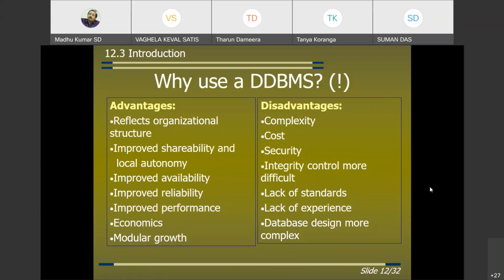Sahil Jain. Yes, sir. How is a DDBMS reflecting the organizational structure? Sir, it represents how the database is organized in that system, like how complex it is and how much cost is included.